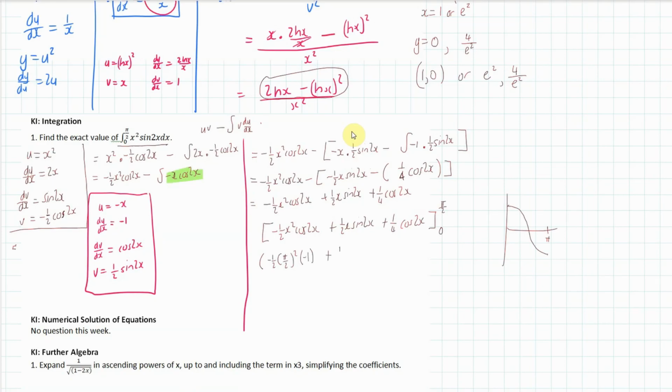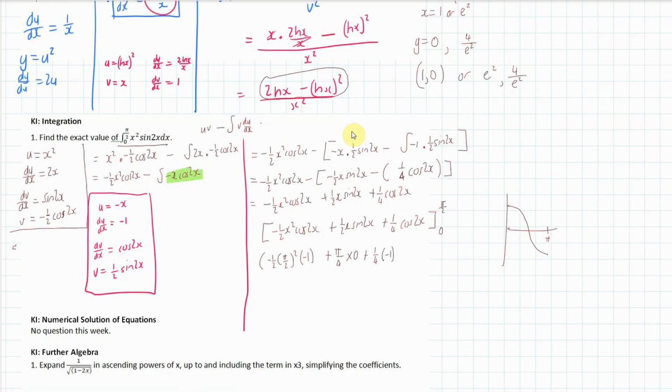Plus 1/2 times pi over 2, so that would end up being pi over 4. And then the sine pi is going to be 0, times 0, so that will just drop out, plus 1/4 times cosine, so that'll be times -1 again. So that's our first bracket.